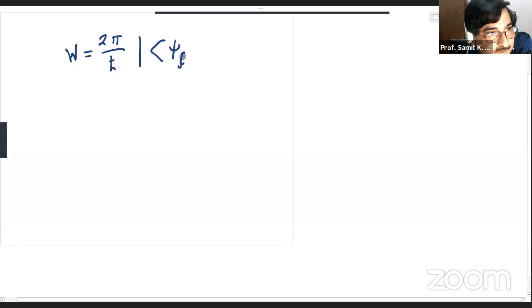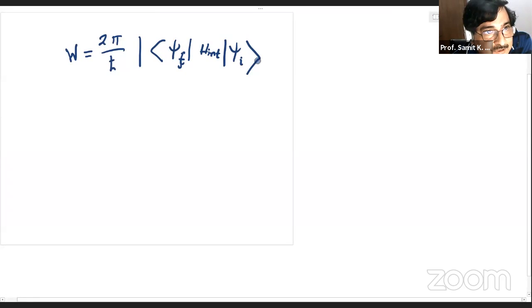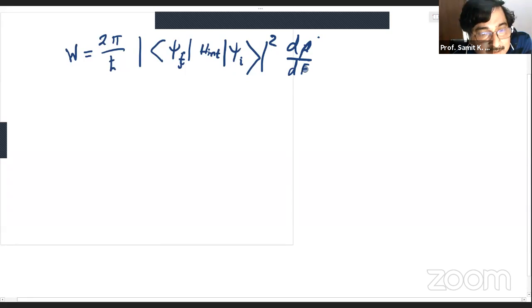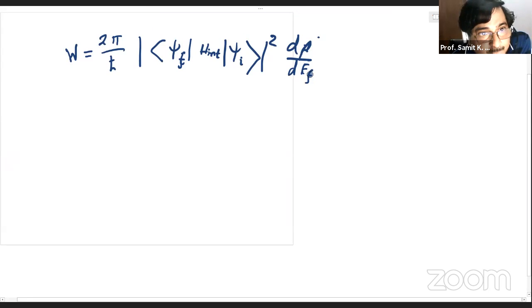This is the final state, and this is the interaction part, and then you have an initial state, and the square, and then you have the density of final states d rho by dE, or df, that we calculated, and this is a function of energy.